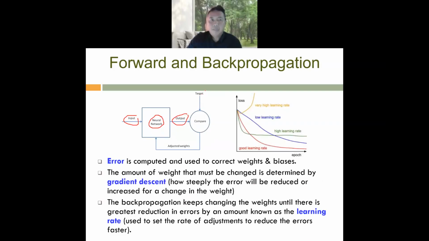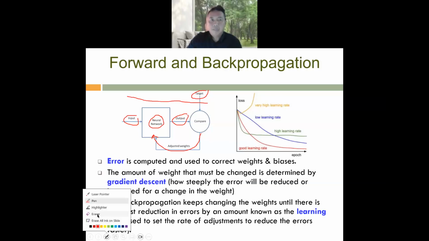Your output will be compared with the target that we have before, okay? And compared, so any error will be used to adjust the weight that you have. Okay, if we go from here, let me use a different color.